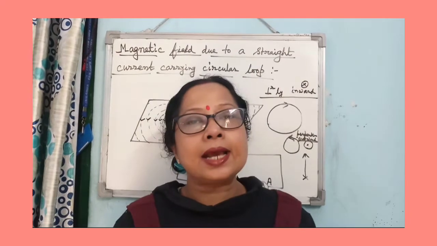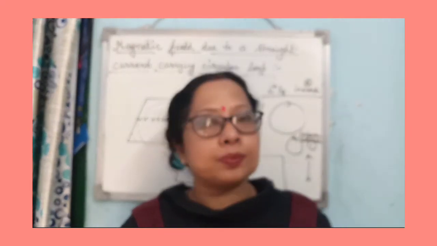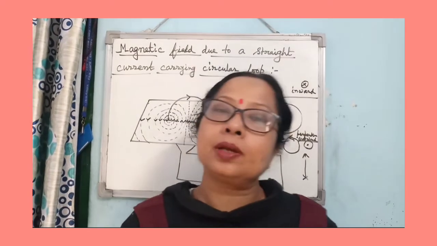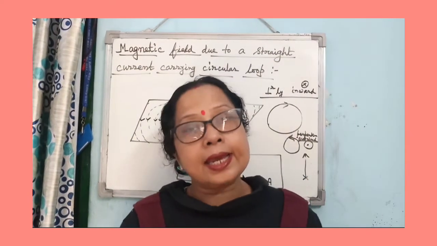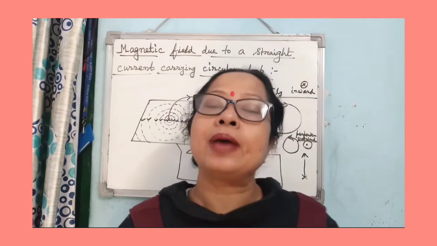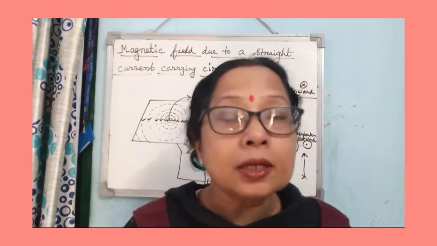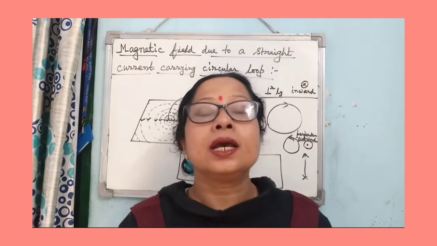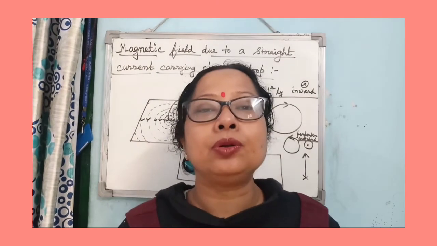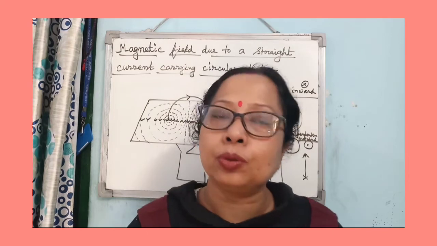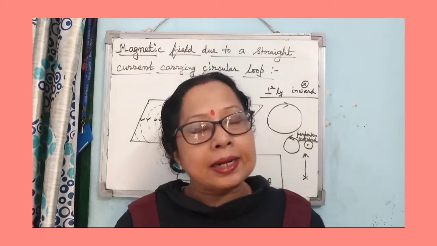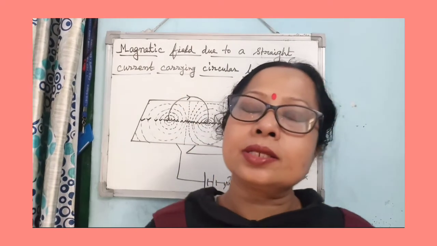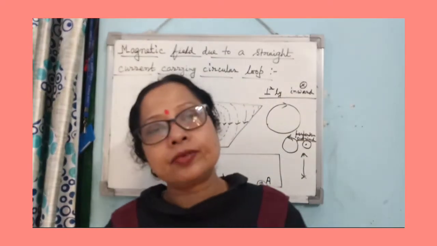Alright, so I am summarizing all the points together. First point, the direction of the magnetic field is perpendicular to the plane of the circular loop. Second point, at the center of the loop, the magnetic field is constant. Third point, the magnetic field acts along the axis perpendicular to the plane of the loop at the center of the loop. Next, the magnetic field depends on the strength of the current: if the current increases, the magnetic field increases, and vice versa.